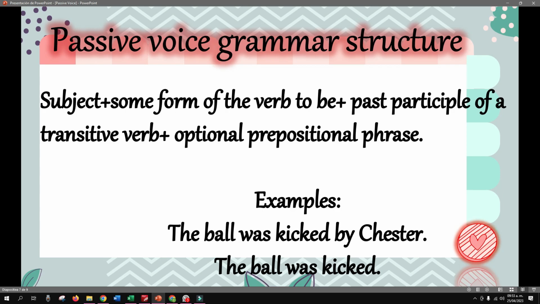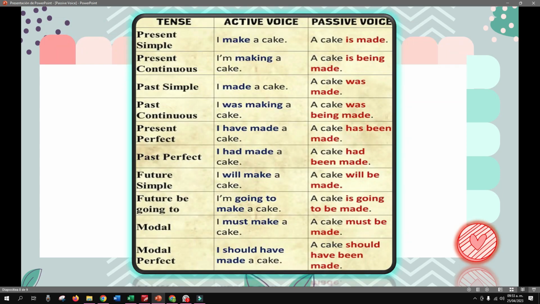If you want it. So also here you have the tense and the active voice and the passive voice. For example, if you have a simple present sentence, you can say, I make a cake. That is in simple present, right?